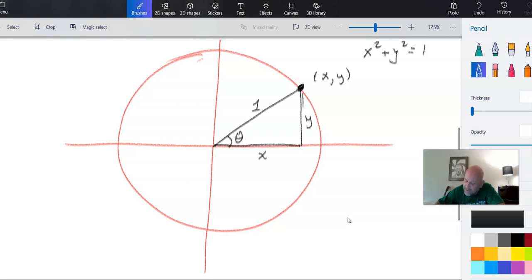And what ends up happening is if you look at cosine theta right here, which is the adjacent over the hypotenuse, that's equal to x over 1, which is just x, which means my x coordinate here is actually cosine. And then sine theta is the opposite over the hypotenuse, which is y over 1, which is just y.